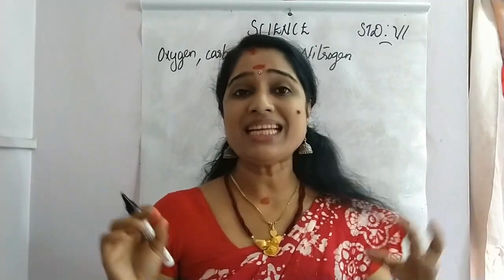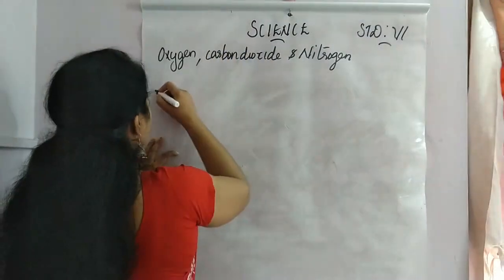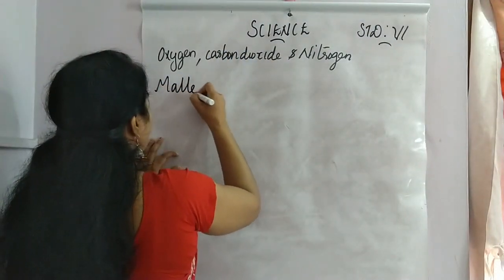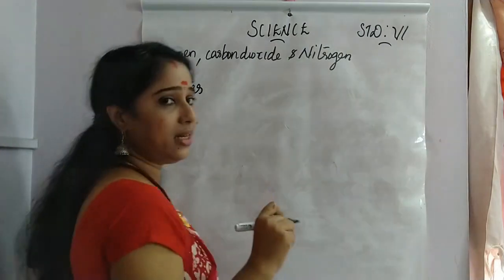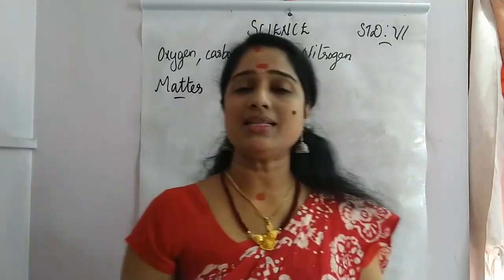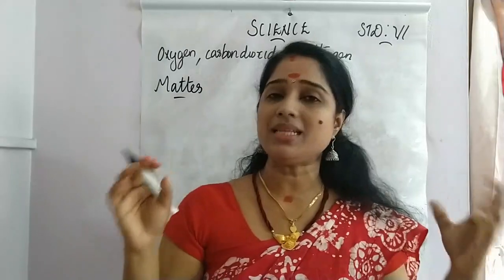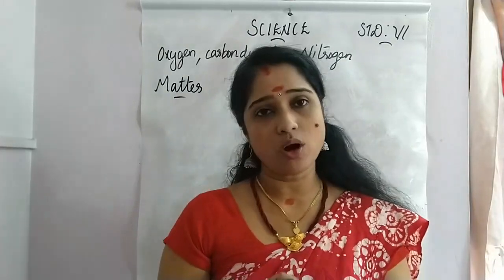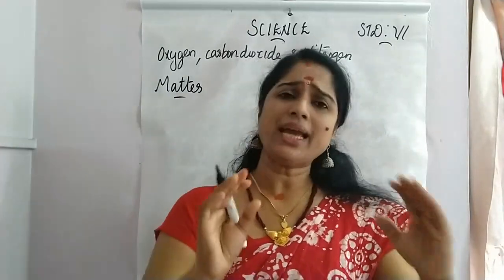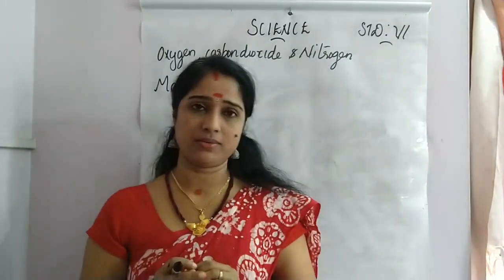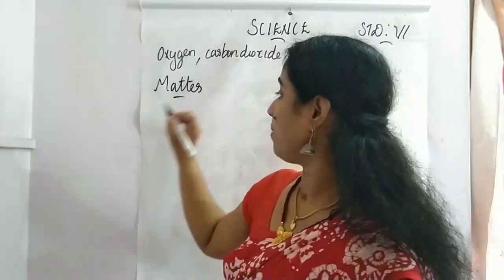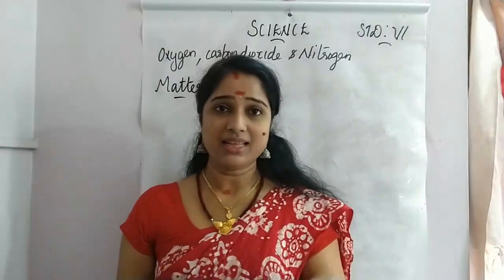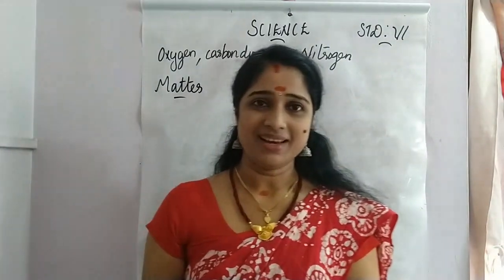You know that all the materials are made up of matter. Whether it is a gas or a solid or a liquid, whatever the material, they all are made up of what? Matter. Then who can tell me what is matter?